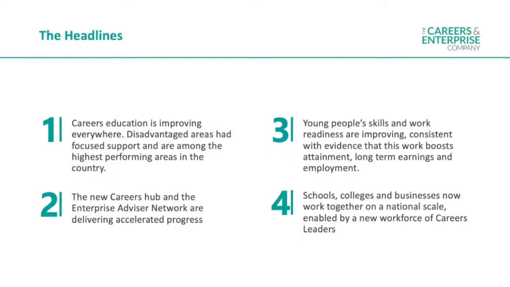They're enabled by a new workforce of careers leaders, and those careers leaders are becoming increasingly professionalised across our education system. Twice every half term and weekly during lockdown, at the Careers and Enterprise Company nationally, we've been speaking to over 5,500 careers leaders per week through our digital communications, where we share resources, tips, training, tools and ideas for careers leaders to help them improve their practice for young people within each and every one of your schools and colleges.